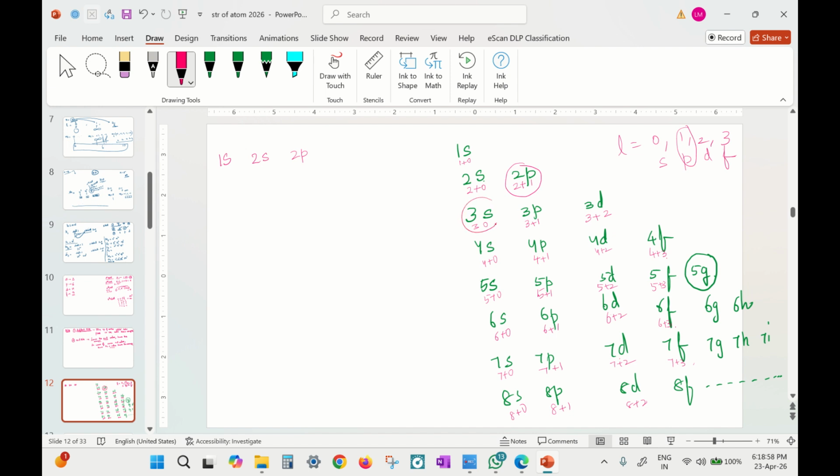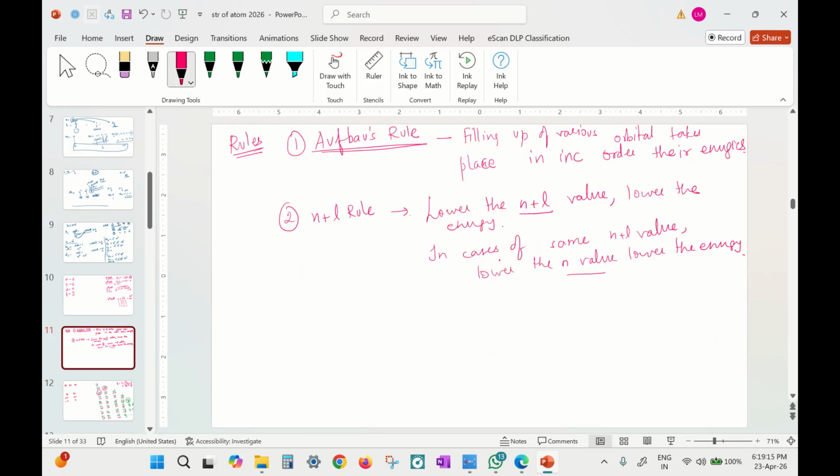If any two orbitals or subshells have got same N plus L value, isn't it? 2P and 3S. It's 2 plus 1 and this is 3 plus 0. And both of their N plus L values are 3, na? So in cases of same N plus L value, lower the N value, lower the energy, correct?